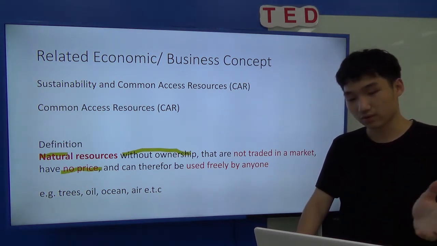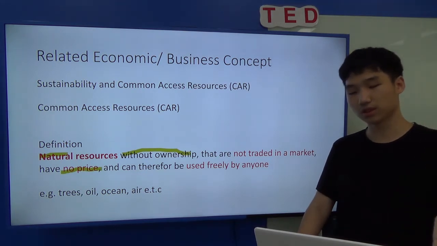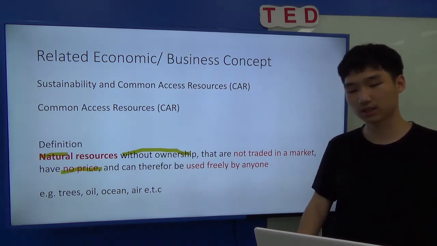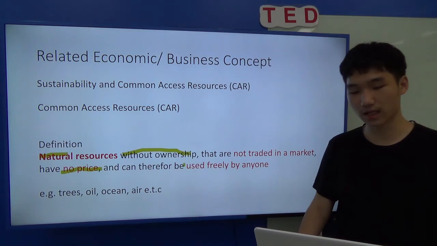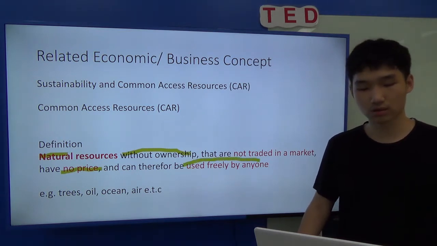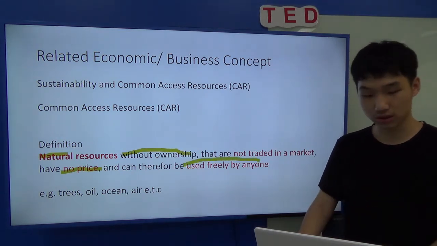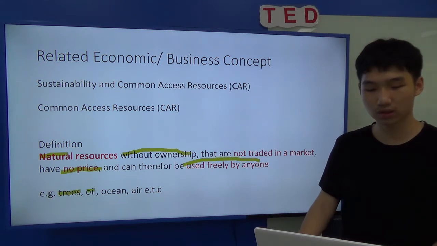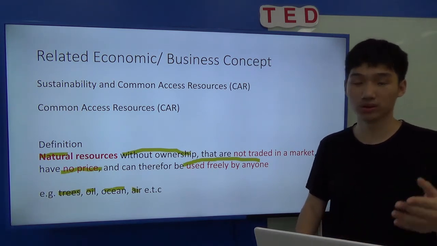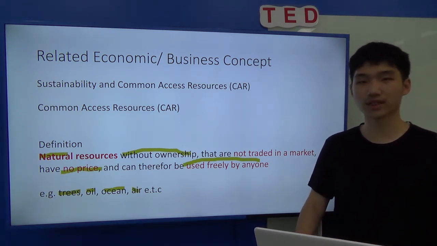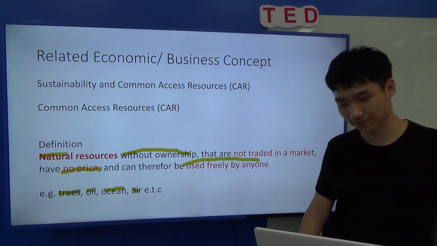And then it should have no ownership, not traded in the market, no price, so it can be used freely by anyone. Examples of common access resources are trees, oil, ocean, air. So clean air, I mean, unpolluted air. And these are all common access resources that are around us.